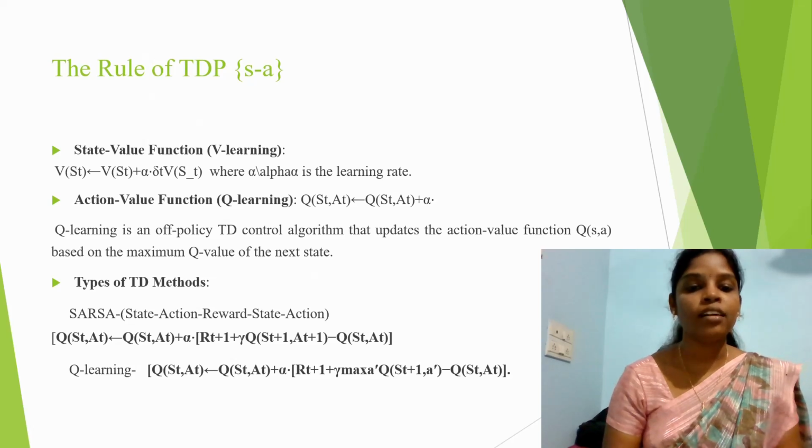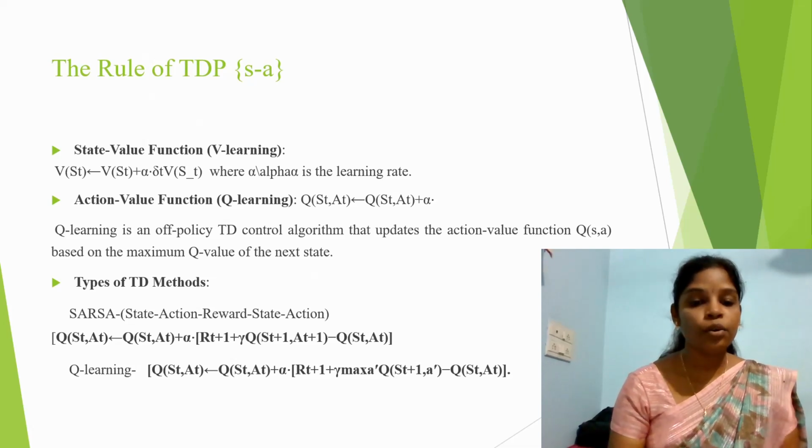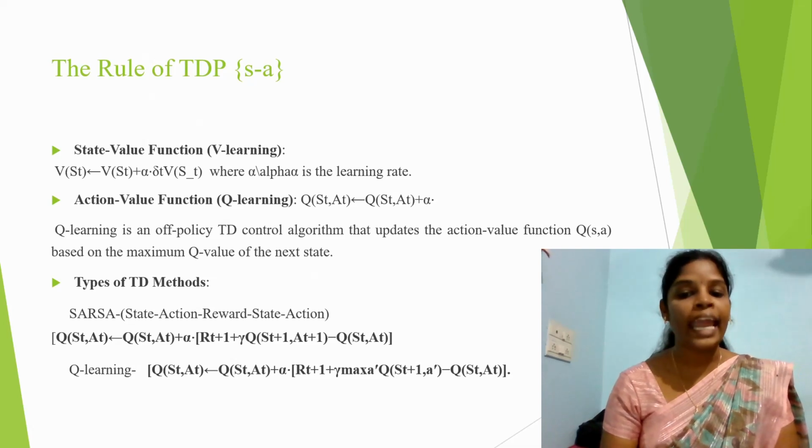So we complete the TD method process. For Q-learning, the formula is Q of S t, A t plus alpha times R t plus 1 plus gamma times the maximum over A dash of Q of S t plus 1, A dash.